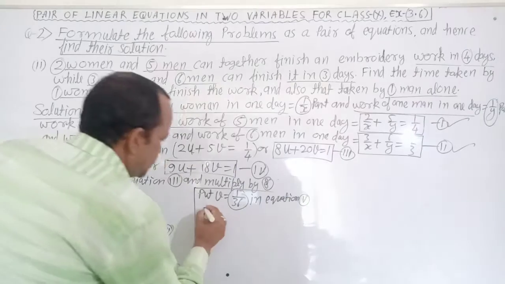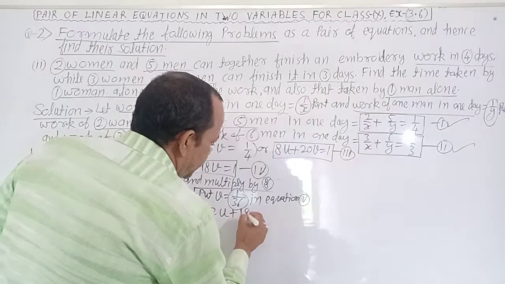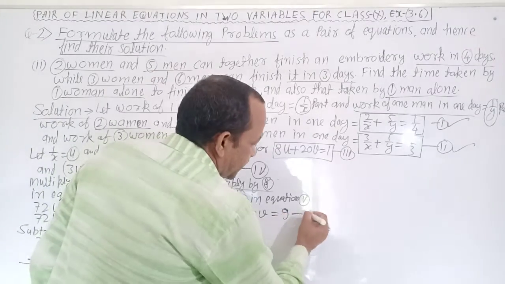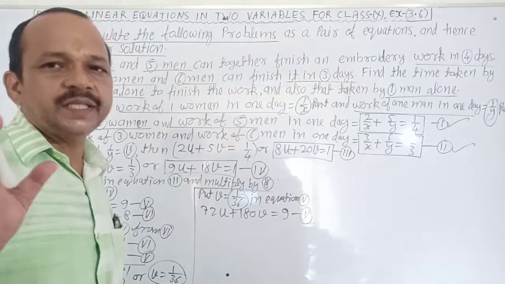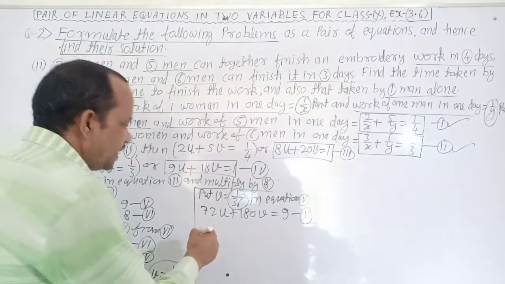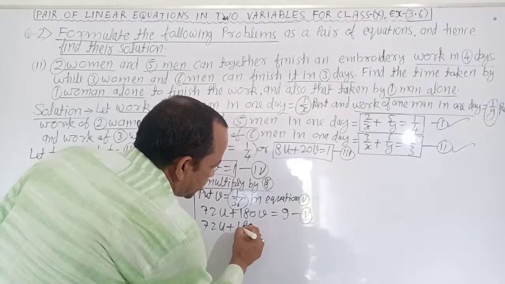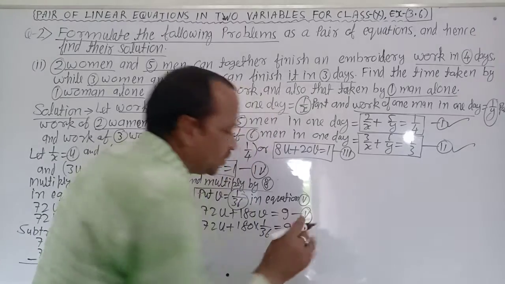Equation 5 is 72u plus 180v equal to 9. Put v equal to 1 by 36. Here 72u plus 180 multiply 1 by 36 equal to 9.